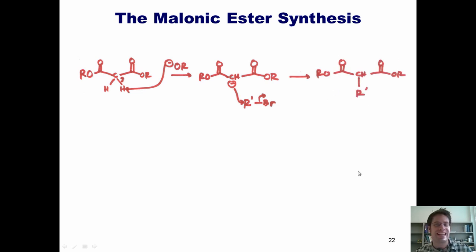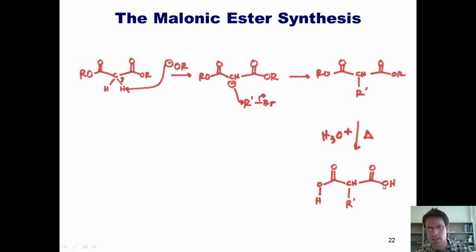At this stage, I then heat it up, and I will get hydrolysis of both of these ester groups to give me OHs here instead of ORs. That's achieved by the water going in, electrons go up, electrons go down, and eventually kick off protonated OR, replacing the ORs with OHs.